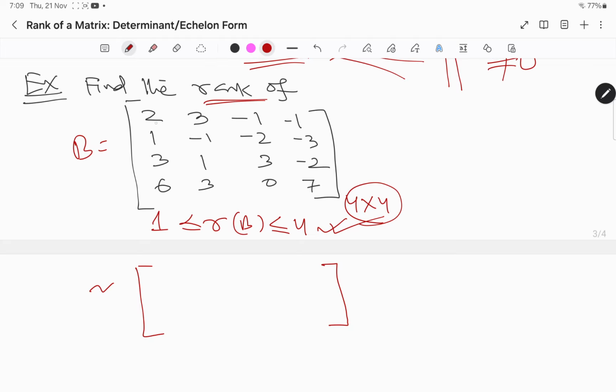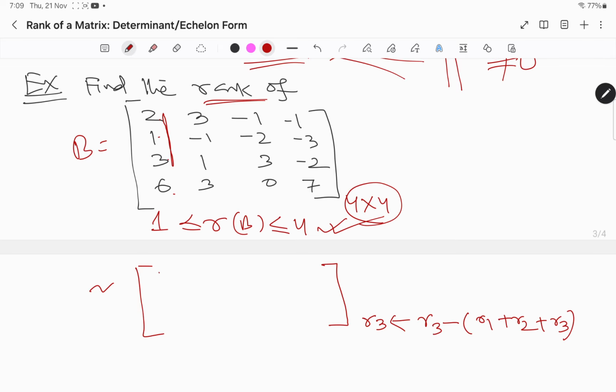You see here, this 6 is 2 plus 1 plus 3. So I can adopt here R3 is replaced by R3 minus (R1 plus R2). Otherwise I can perform the usual technique here, but this will make it easy. This 3 will be minus 3, so the last row will be 0 here.